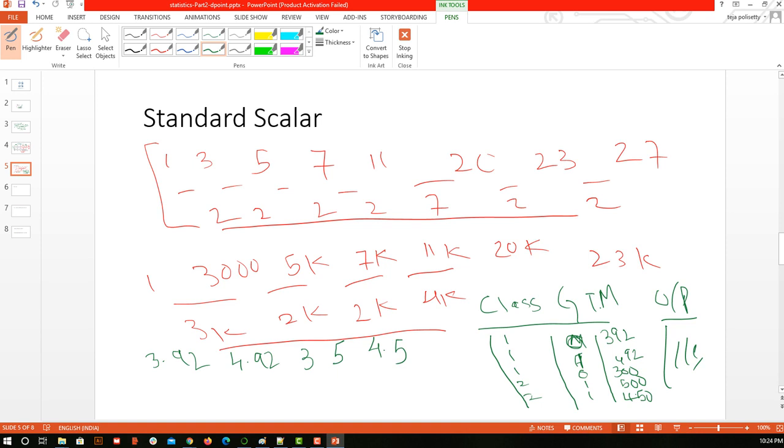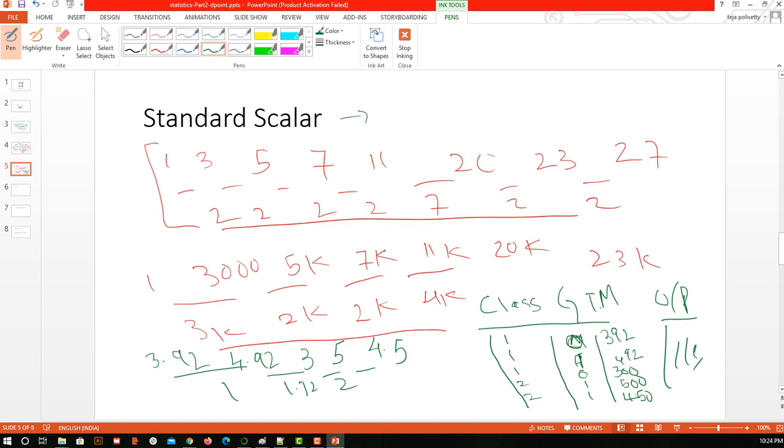Previously the differences were in hundreds. Now the difference is 1.92 here, 2 here. You can see that the difference scale is reduced, and that is what we call normalization. This is just an example which we will not use in real time. If there are 100 columns like this, it is not possible to do it manually, so we have a formula.